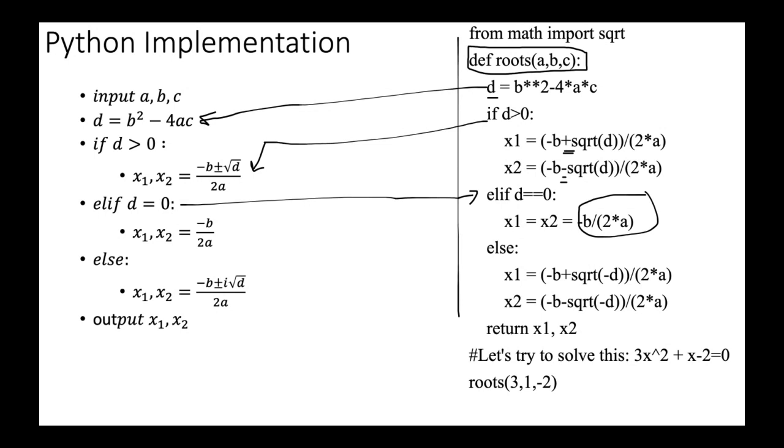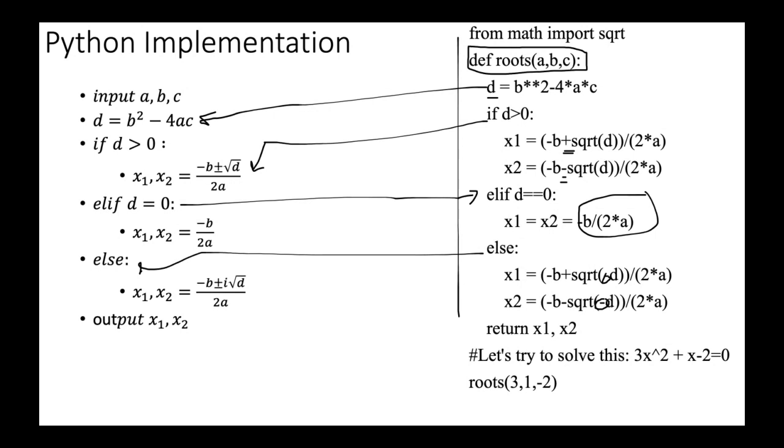And then else here, I have a complex number, and I solve this numerically by multiplying d by -1 just to avoid getting an error when you do the square root. Because if you put a negative number under the square root, you will have a problem because d is negative.